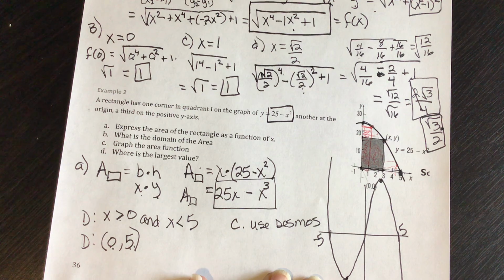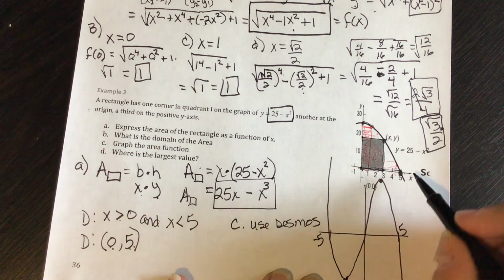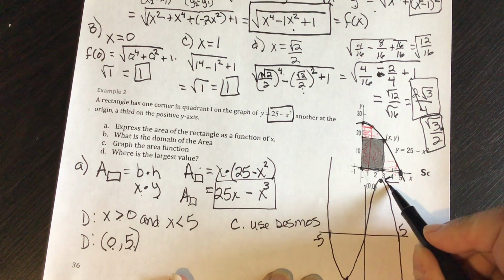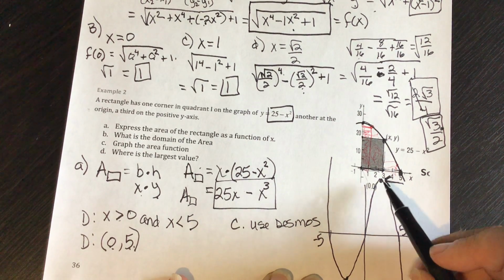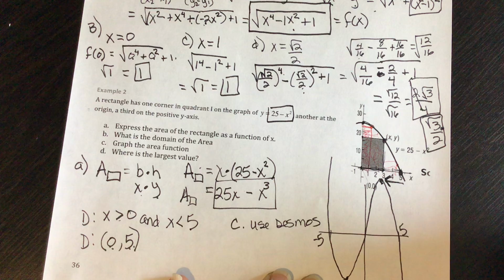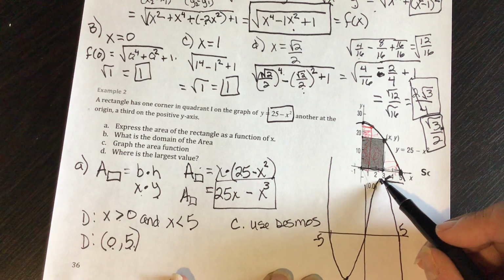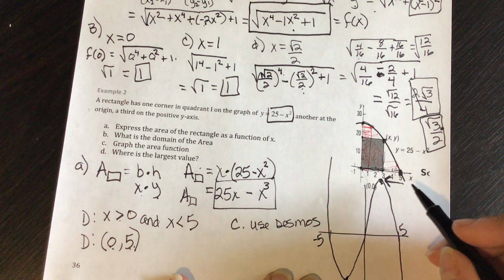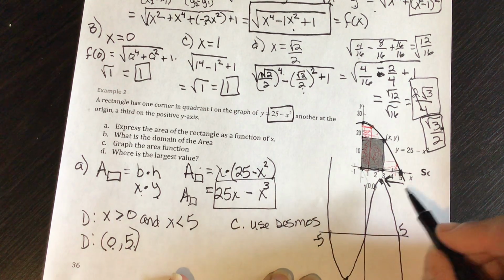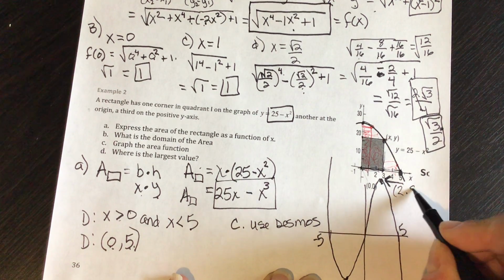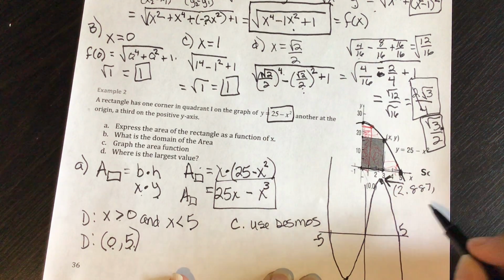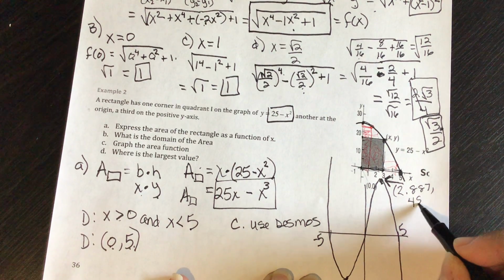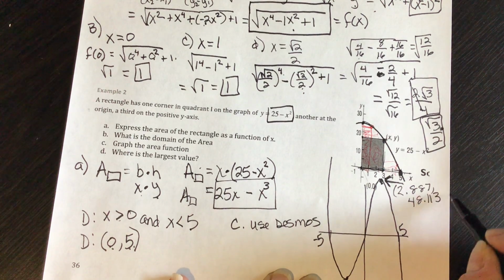And it's asking us to find the largest value. So the largest value is up here, and this would be the largest area value. If I touch that point, it is the point (2.887, 48.113).